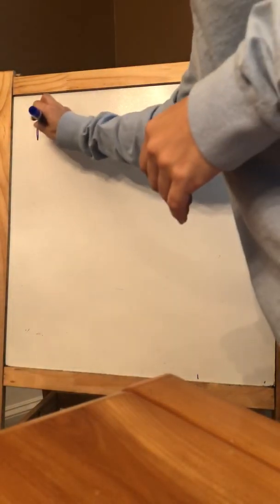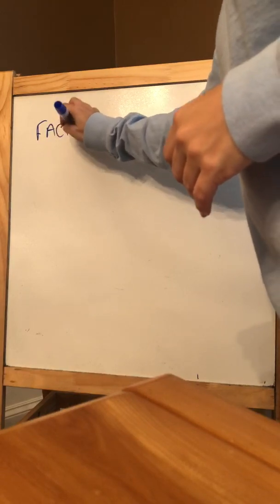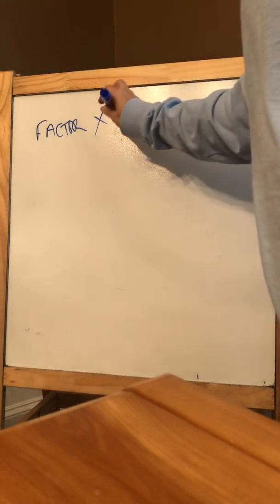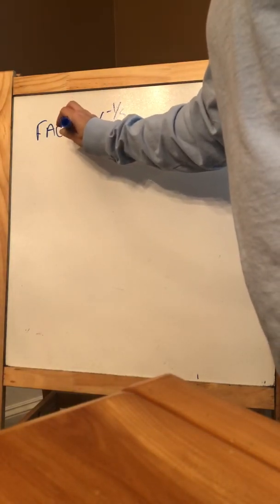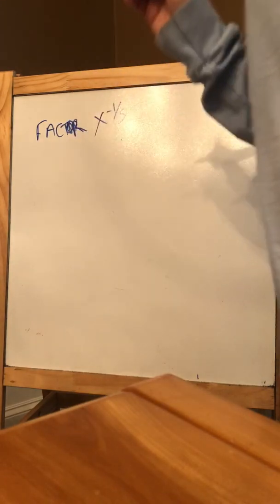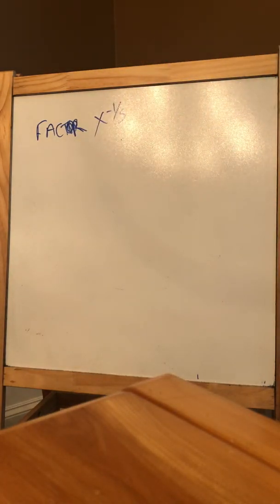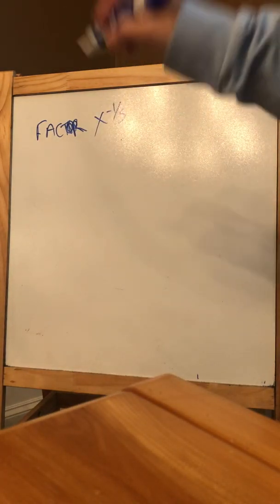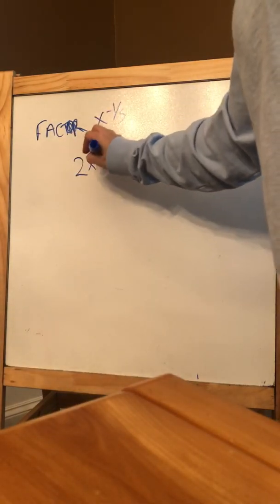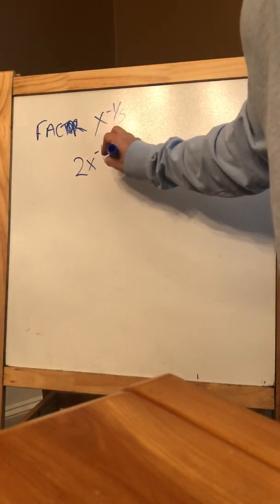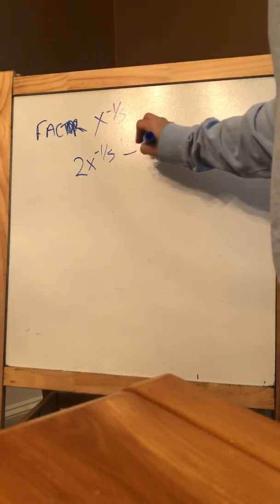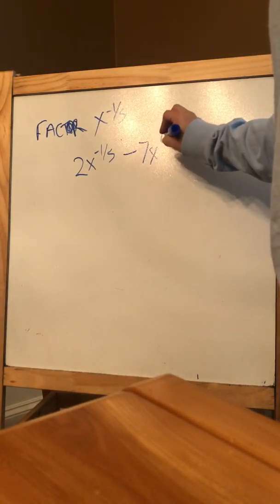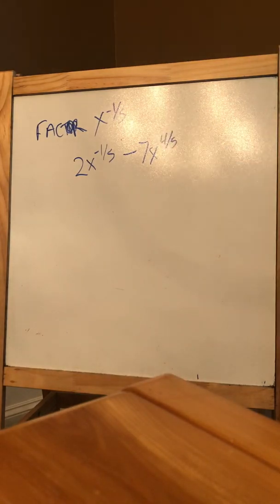All right, factoring x to negative 1/5 from the expression 2x to the negative 1/5 minus 7x to the 4/5.